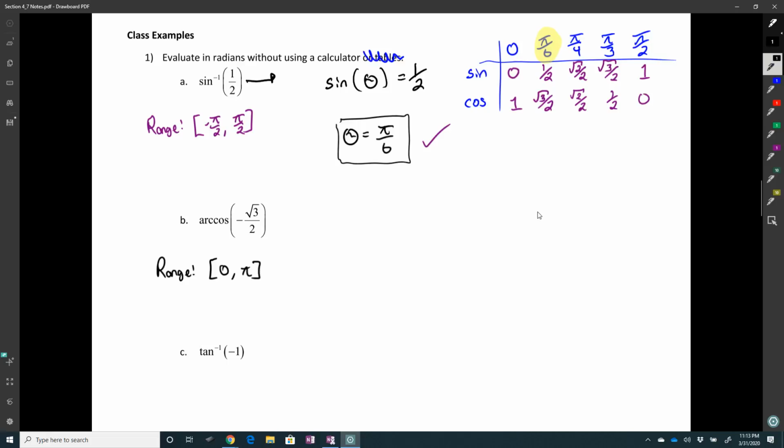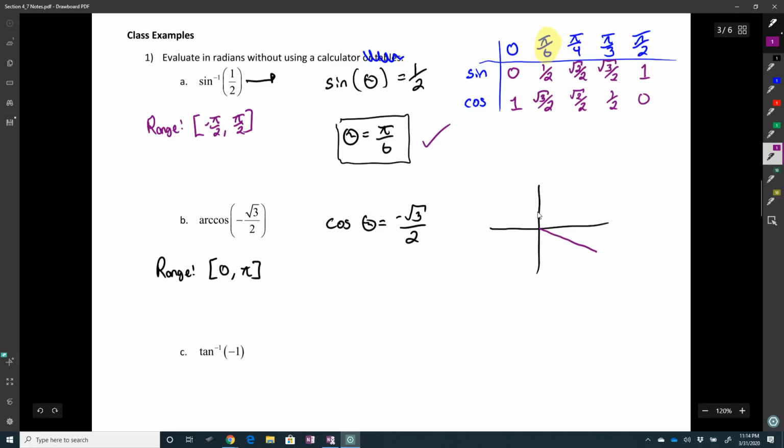They'll say, oh, look, I know that cosine, so let me go ahead and draw the thing here. Okay, so I know negative pi over 6 will give me an answer of negative square root of 3 over 2.